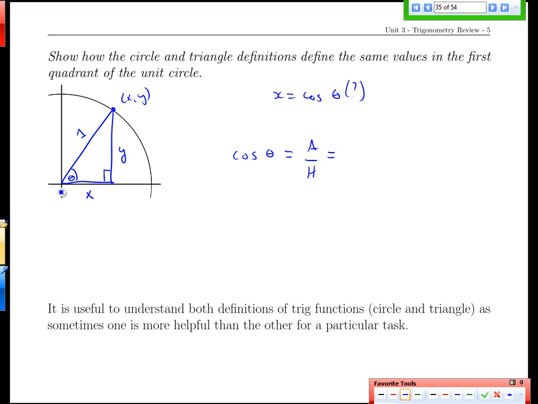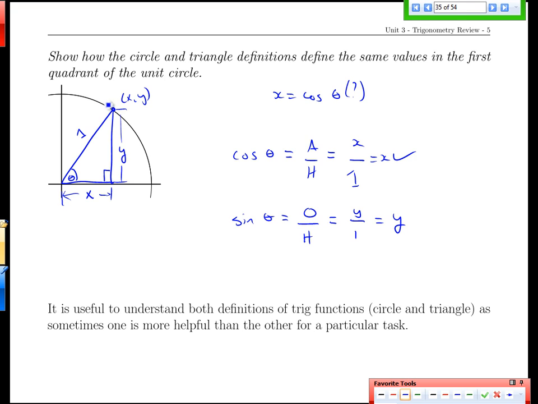Well, what's the length on that side? That length is exactly x, and the hypotenuse length is exactly 1. So, yes, cos of theta is going to equal x. And likewise, sine of theta, which will be the opposite over hypotenuse, would be y over 1, which would be the y coordinate. So this length here is y.